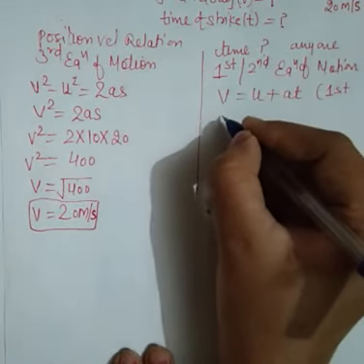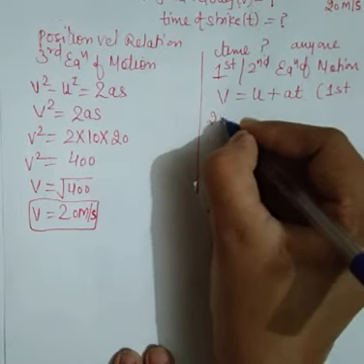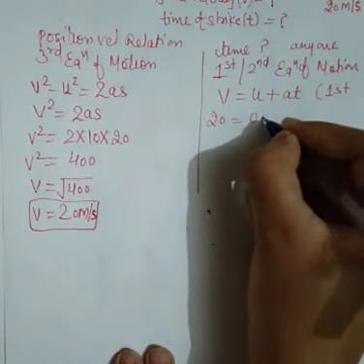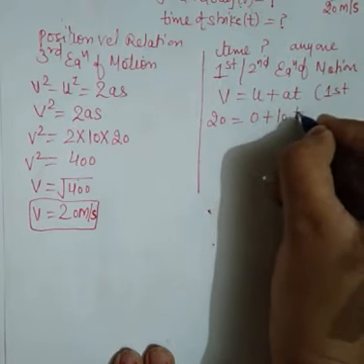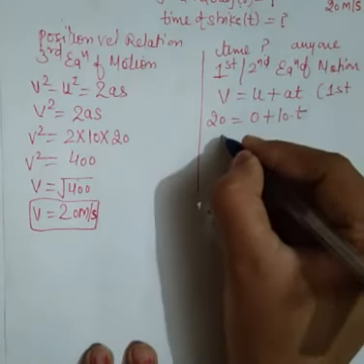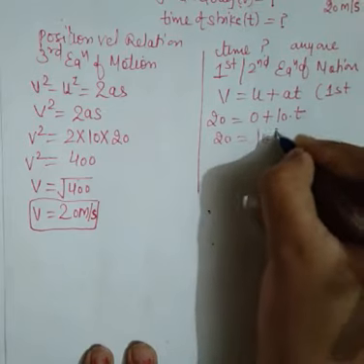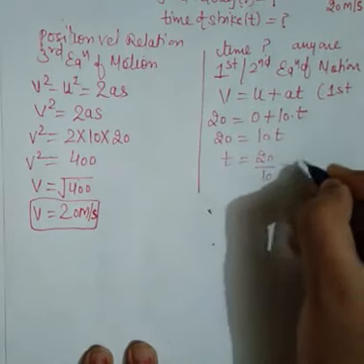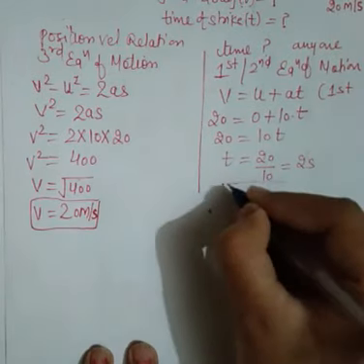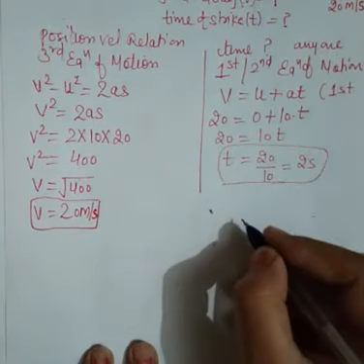V is given, that is 20. U is given, 0. Acceleration A is 10. So it is 10 into t. So 20 equals 10t. What will be the value of t? T equals 20 upon 10, so it will be 2 seconds. So t equals 2 seconds.